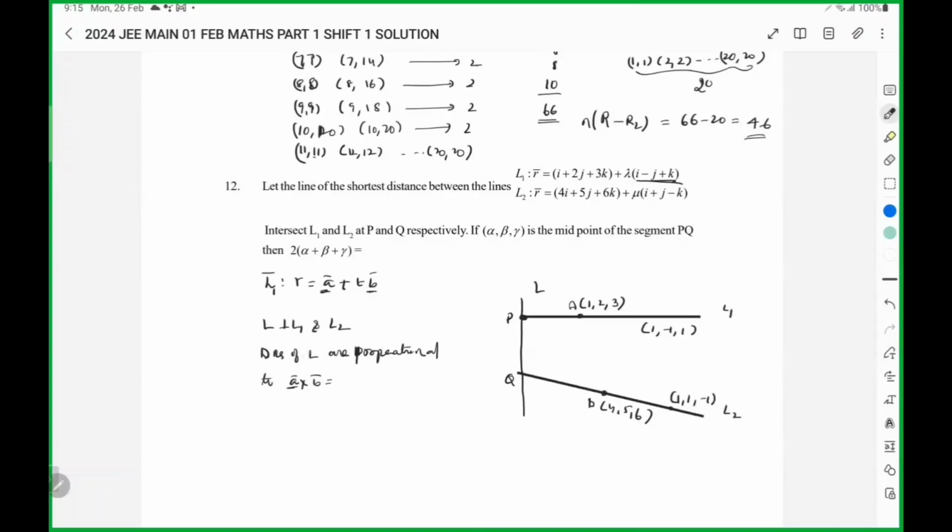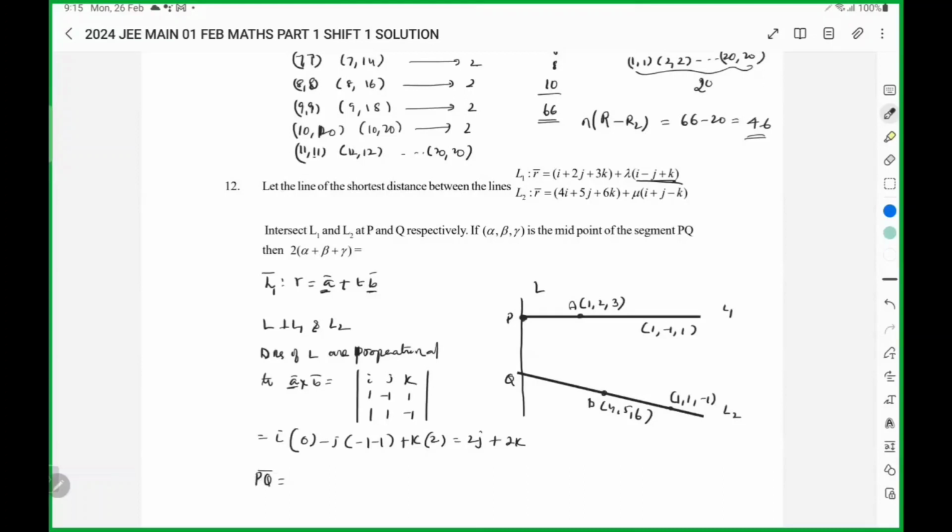A bar represents the line vector (1, -1, 1). Here it is (1, 1, -1). So here it is 0 i plus k into 2, which is 2j plus k. So I got the vector along the line.